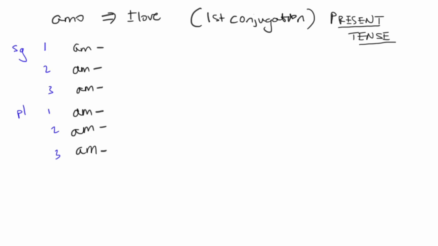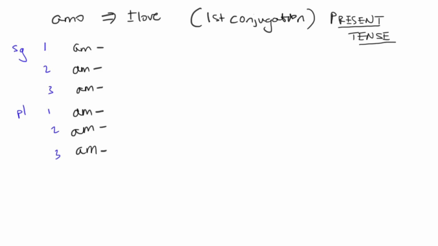Now we're actually going to get into the present tense of a first conjugation verb. There are 4 conjugations in Latin, and amo, which we've got here, meaning I love, is a first conjugation verb.